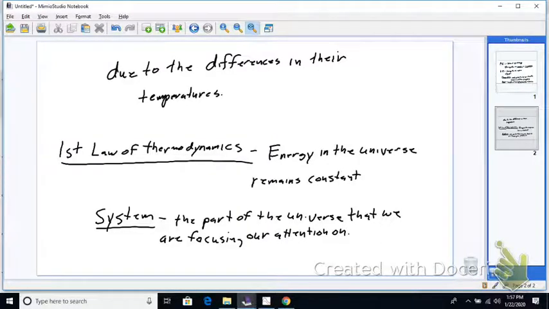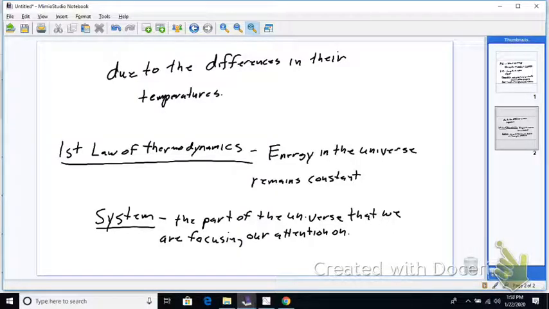And we're focusing on just that part of the universe. And again, a lot of times it's a chemical reaction. Not all the time, but a lot of what we're going to look at are chemical reactions. That's going to be our system.